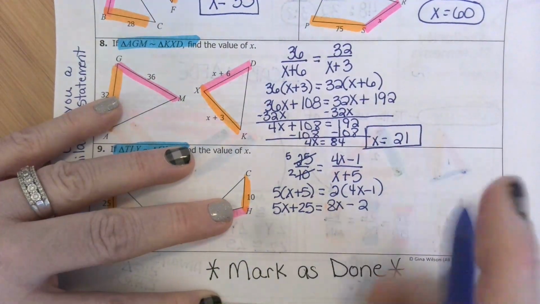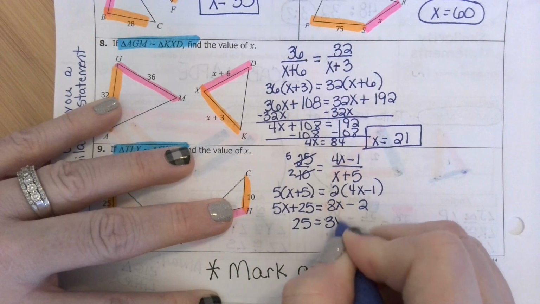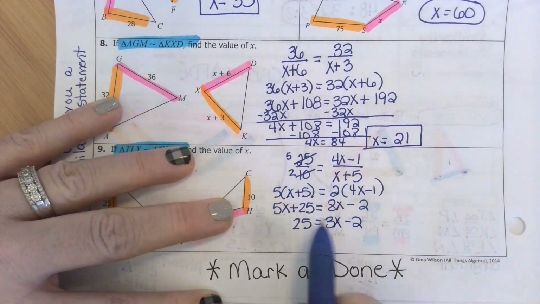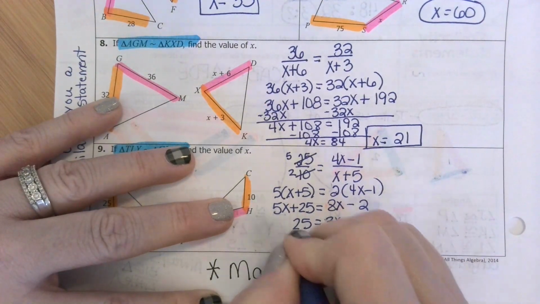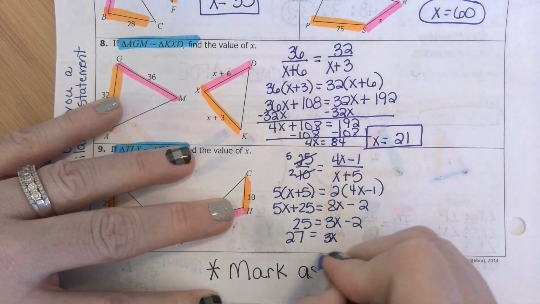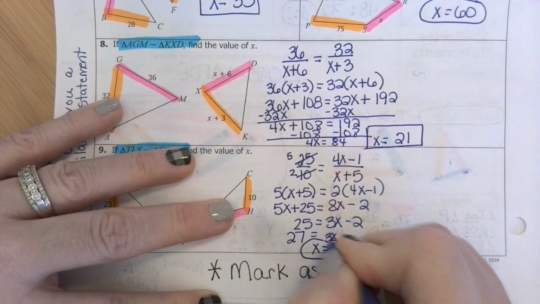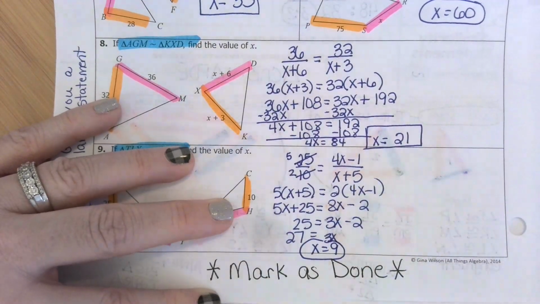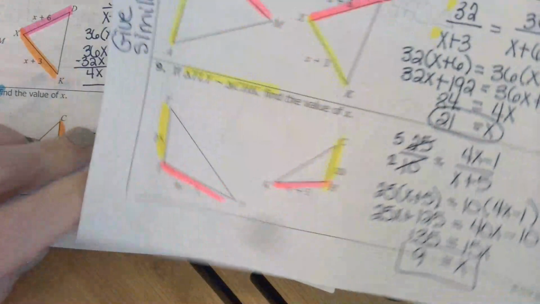I'm going to subtract 5x. I subtracted 5x from both sides, and then I'm going to add 2, and we get x equals 9. Show the work if you need to show the extra steps that I'm leaving out. X equals 9.